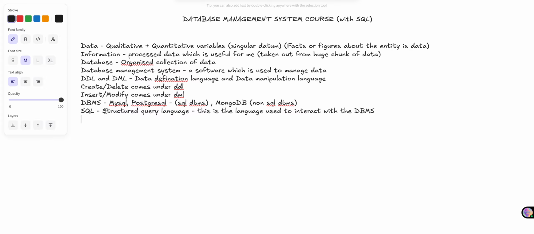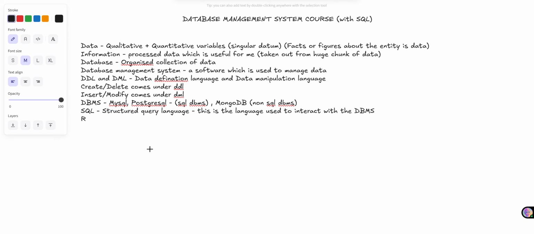But what is the need of DBMS? See, whatever MS Excel does, DBMS also does. But DBMS is more scalable than Excel, obviously. And there are also many more functions or commands that I can do on DBMS and not on Excel. Okay, this is a difference between MS Excel and SQL.